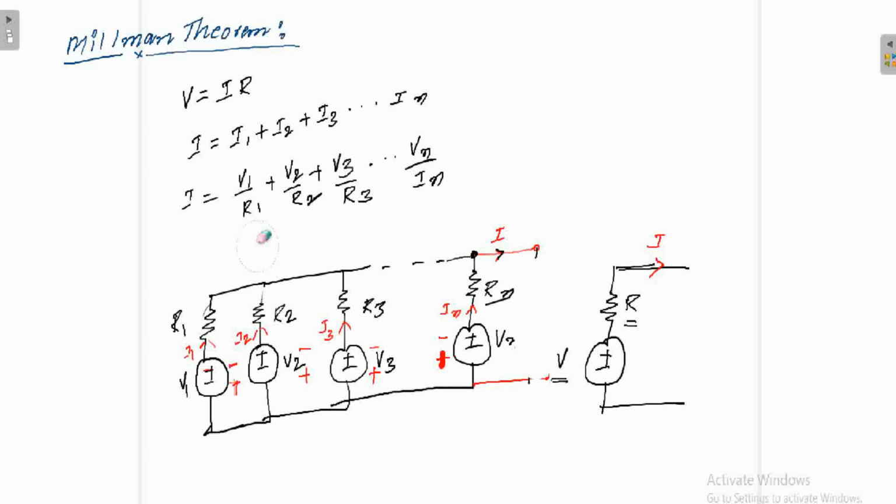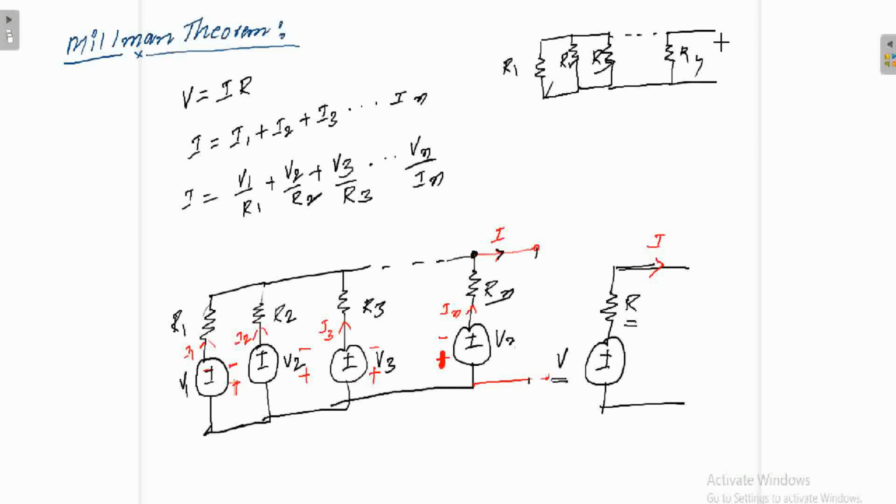According to Thevenin's theorem or by applying Norton's theorem, how do we find this R value? We just short circuit or open circuit. By short circuiting all these voltage sources, you get R1, R2, R3 up to Rn.